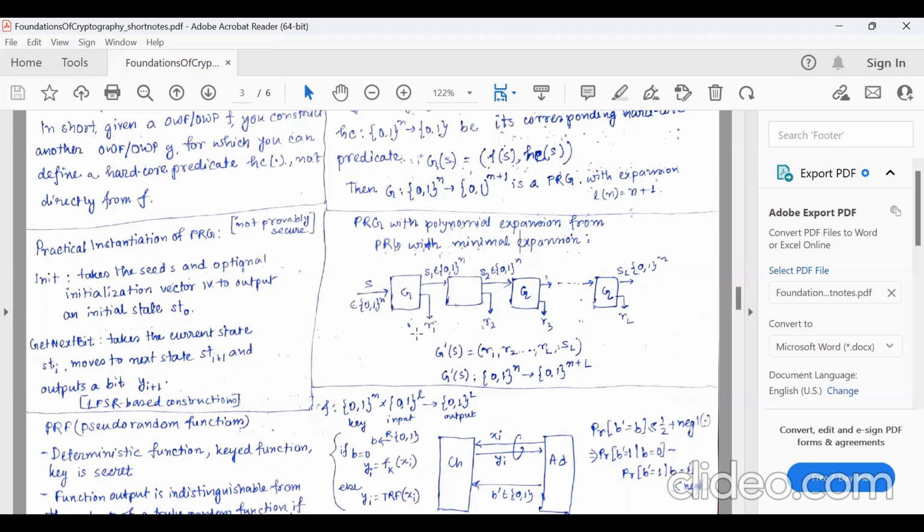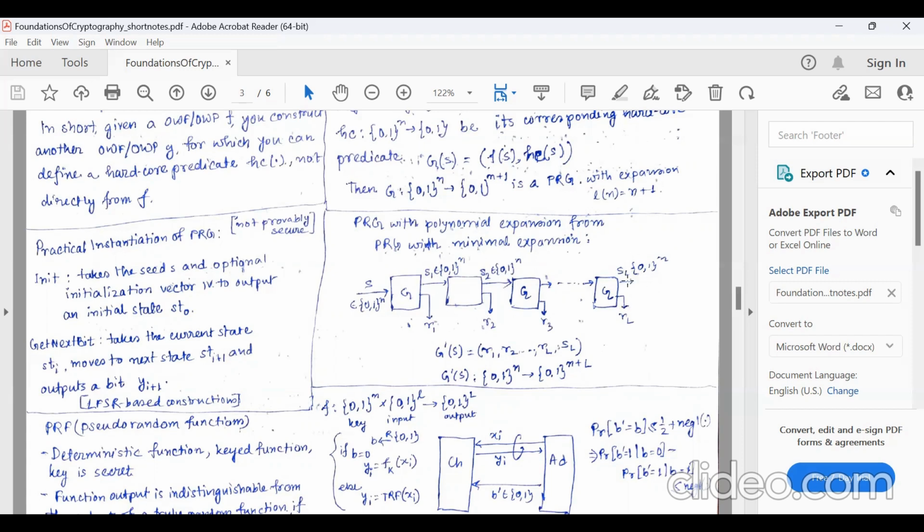Okay. So this R1 is considered as part of the output, and again this n-bit length output is fed to this PRG block G, and S2 is output as the first n-bit length string, and the n plus 1th bit R2 is returned, and like that, so on.